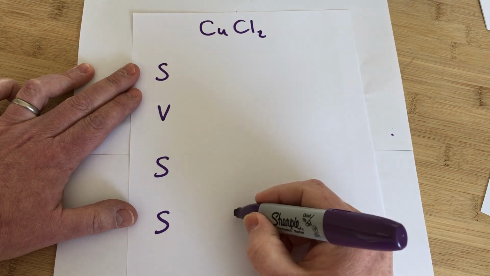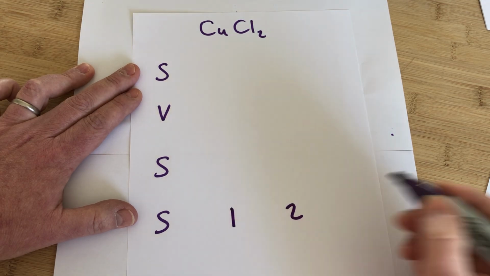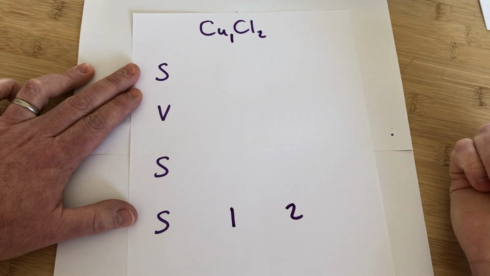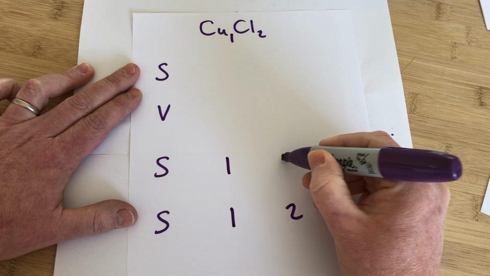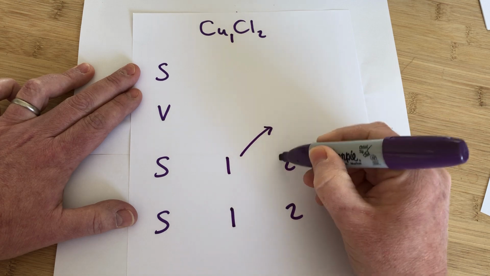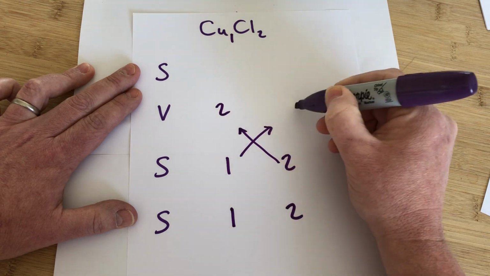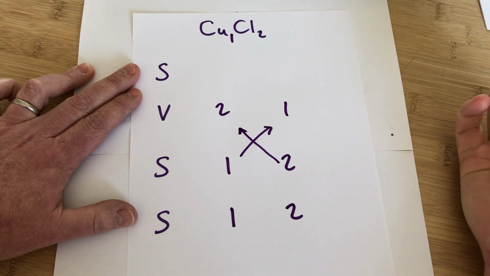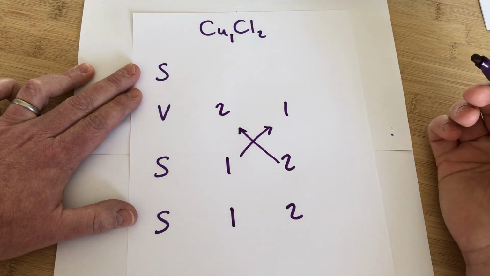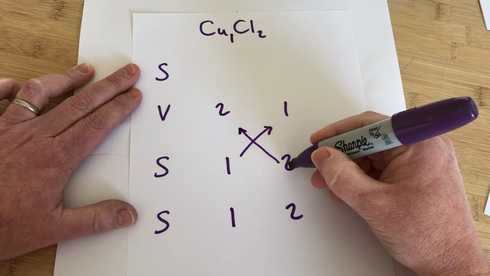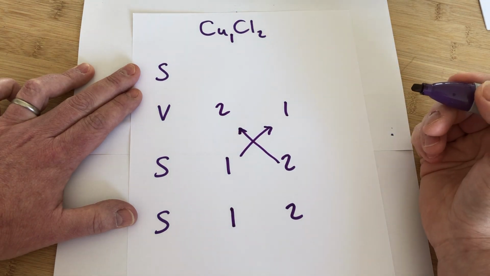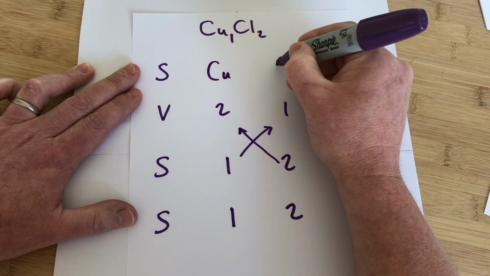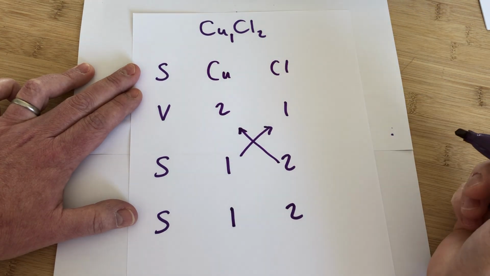Well, the numbers are 1 and 2, because there is an invisible 1 here for copper. Switch them over. Now, chlorine is in group 7, it's valency 1, so that number there makes perfect sense. The 2 for the copper ion is going to be valency 2, because copper has a valency 2 here.